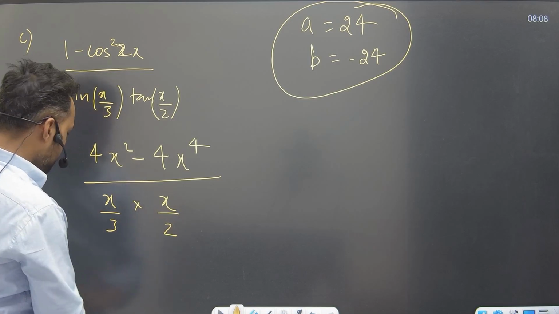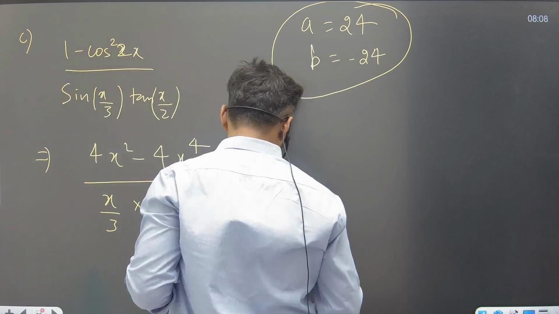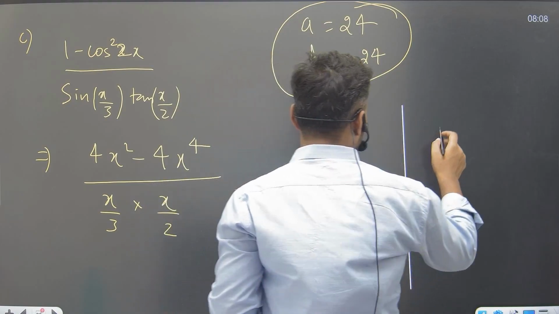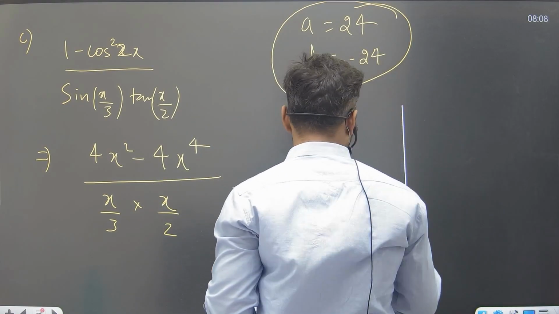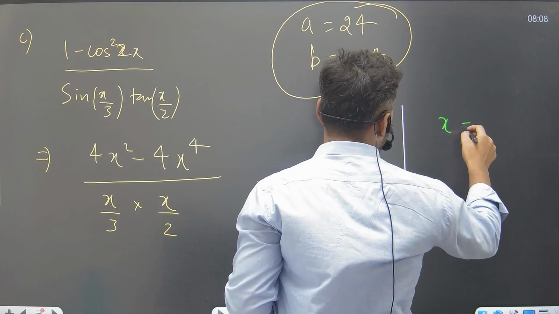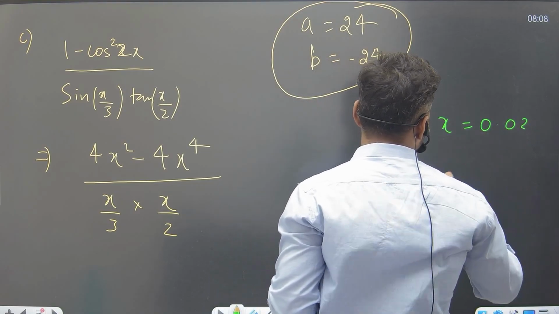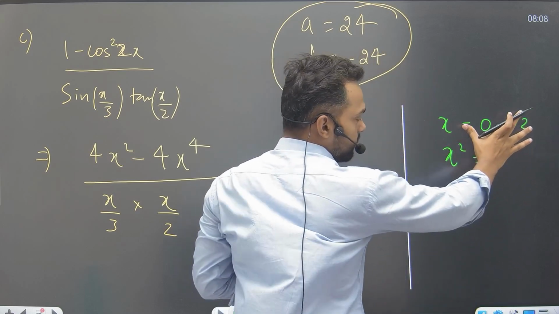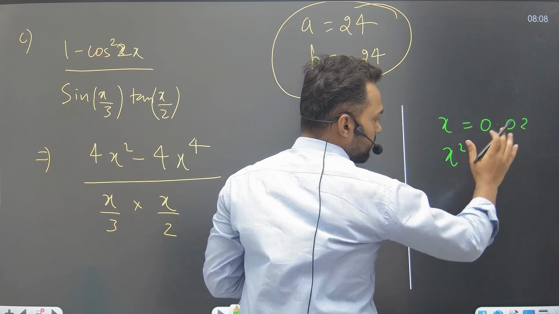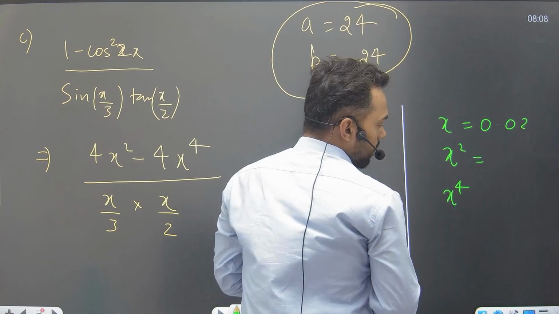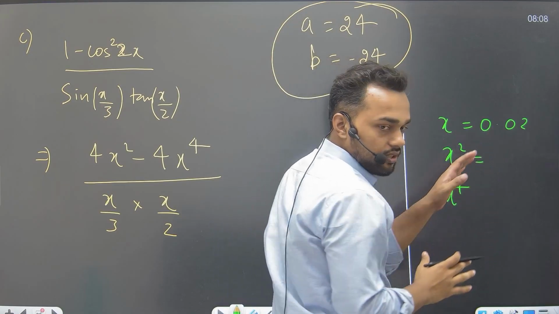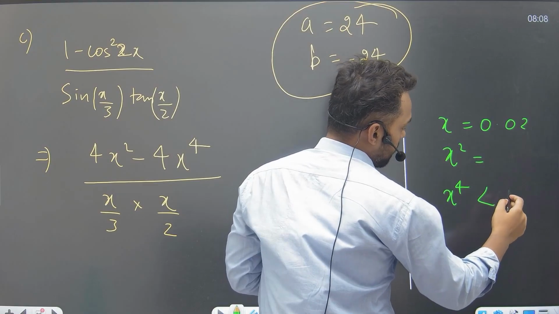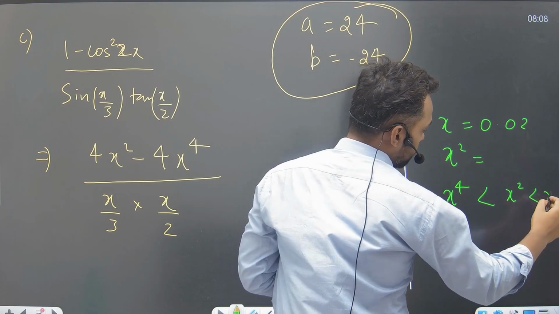Now if we are taking the approximate values, for example, if x was 0.02, then x square will be much less than this value, and similarly x power 4 will be even lesser, so we can say that x power 4 will be less than x square, which will be less than x.